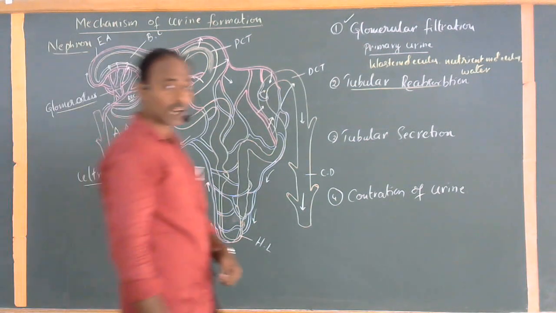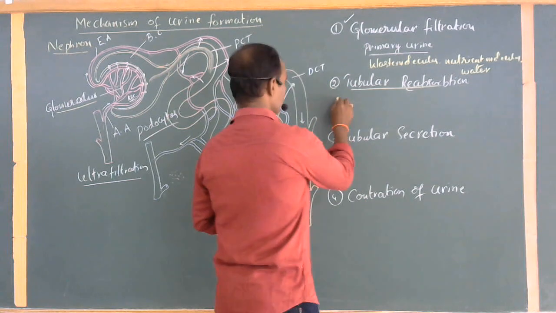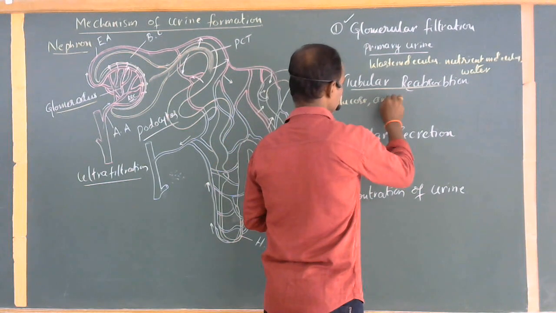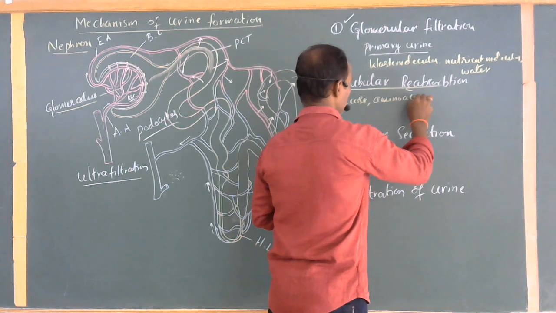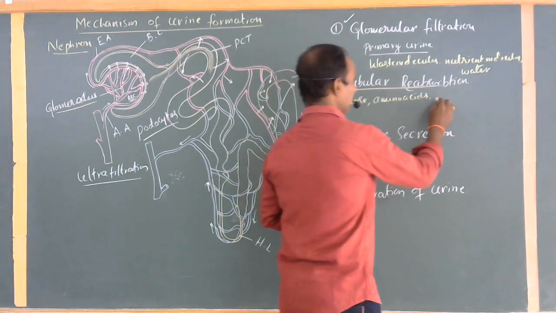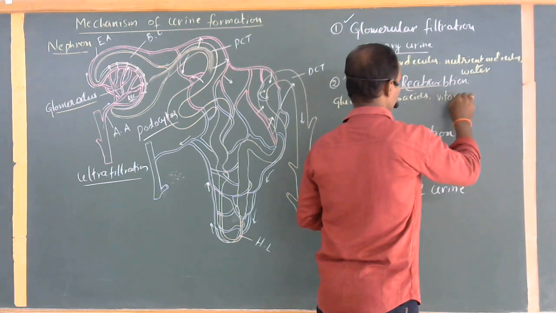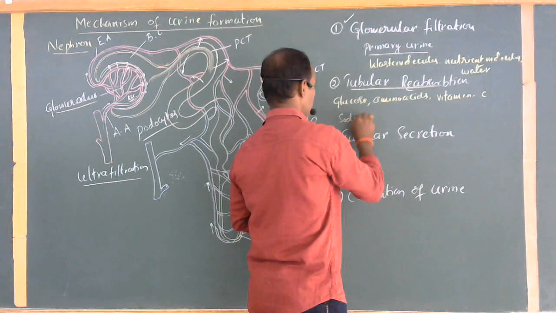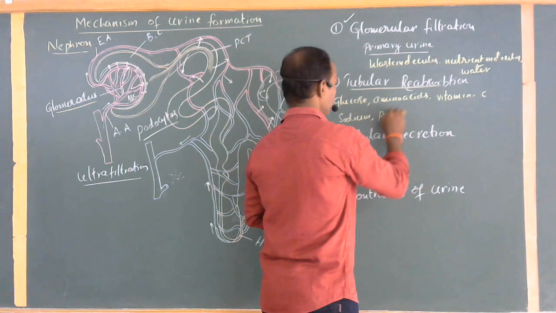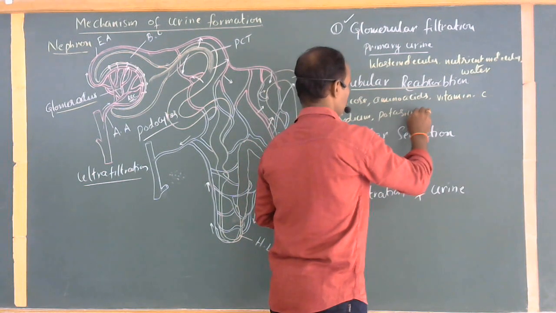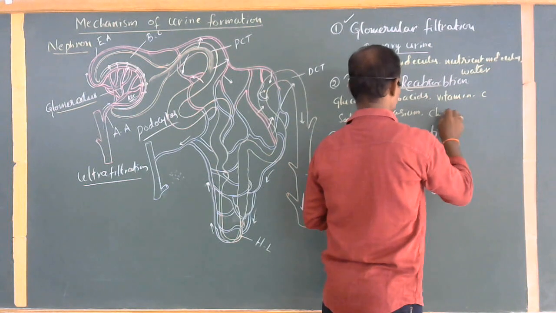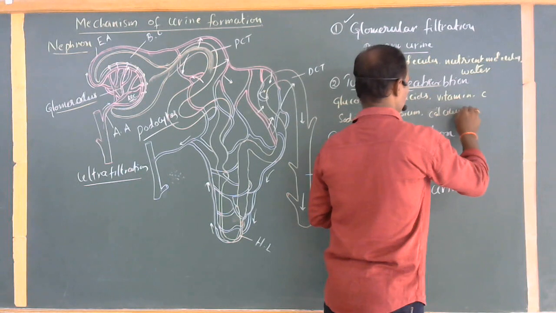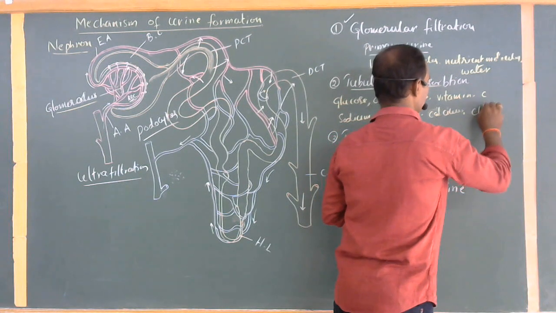What kind of components are reabsorbed? Glucose, amino acids, vitamin C, sodium, potassium, chlorides, calcium, and also some amount of chlorides.